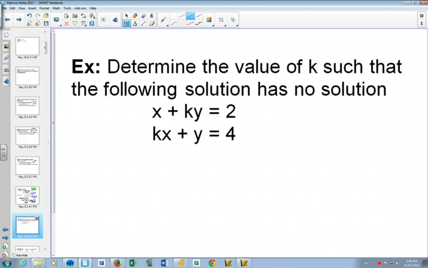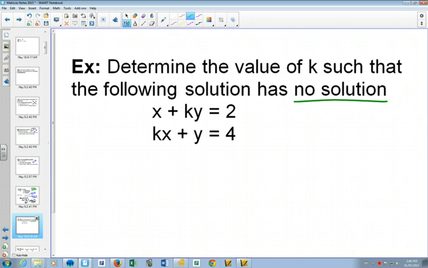Determine the value of k such that the following system has no solution. Okay, what does it mean if there's no solution? The functions have to be parallel, so the slopes would have to be the same. So if we rearrange both of these formulas so they're in y equals mx plus b form, we would know something about their slopes.